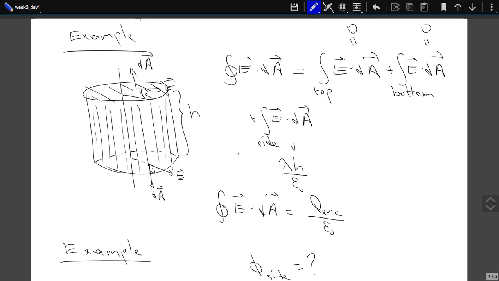Now when I change my area vector to be pointing towards the wire, the wire is now outside. Inside is all this region. The rest of the universe is my inside. If the universe is neutral, and I know that lambda h charge is outside my surface, then what remains inside will be minus lambda h. So this result is still consistent.